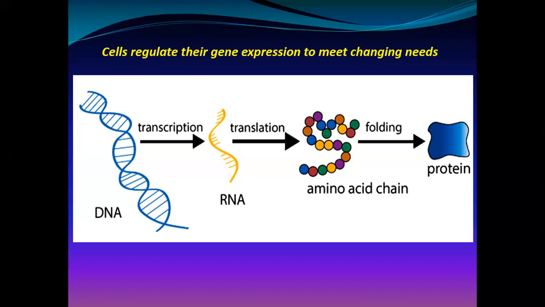Isn't it? So protein to DNA is imagination. The cell cannot do that. Outside, if you know the protein amino acid sequence, you may synthesize a DNA, but I don't think inside the cell we can do that. It's just an imagination only.